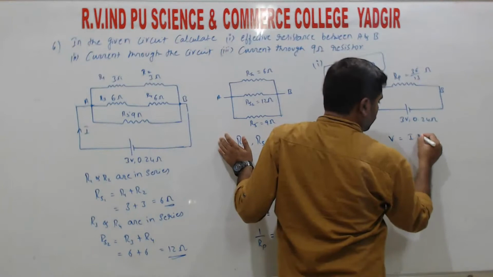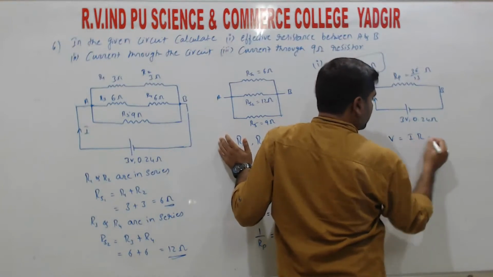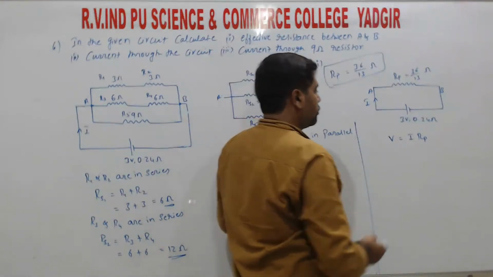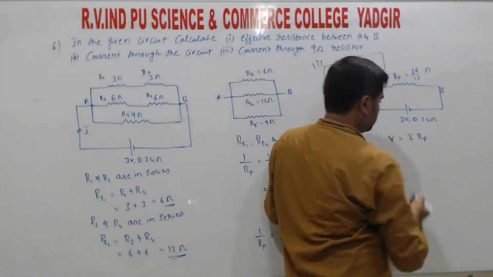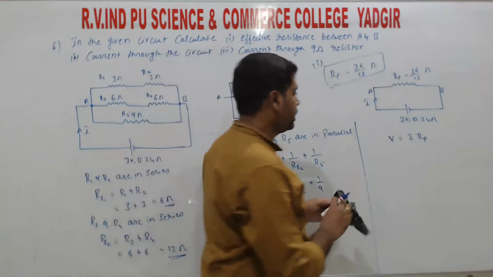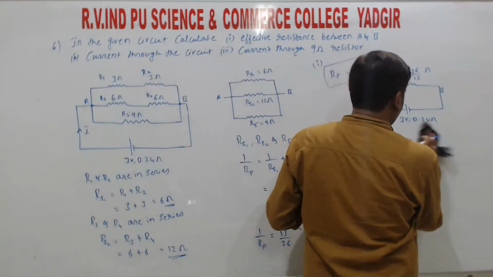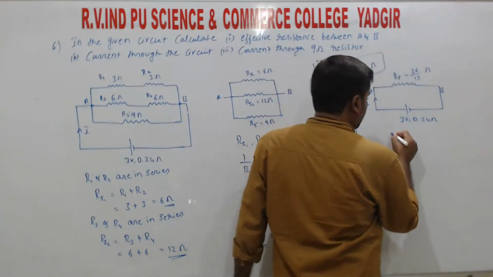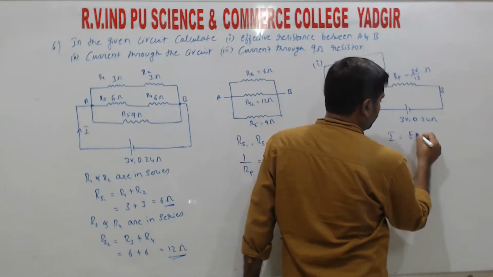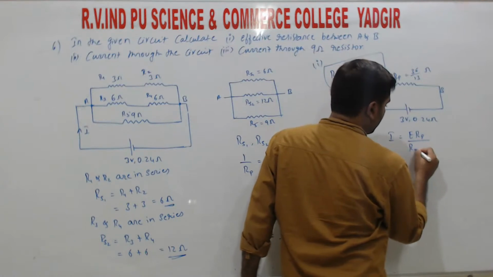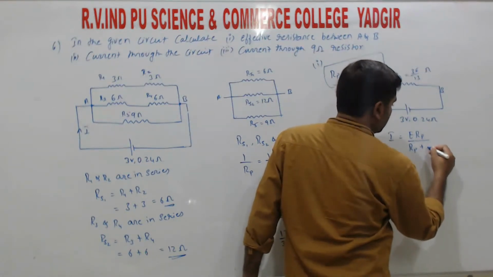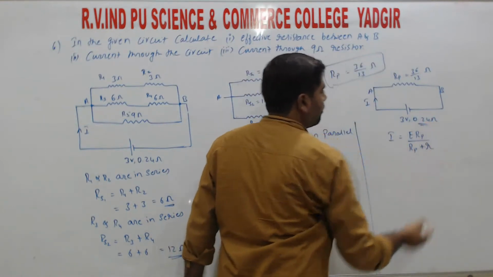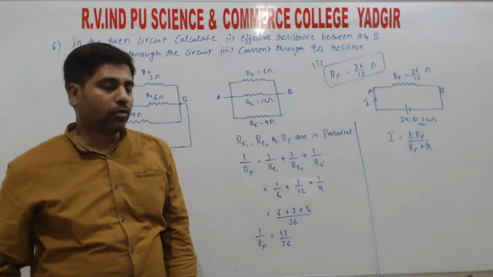V is equal to IR, we need I. For the internal resistance, we have the formula I is equal to E divided by RP plus small r, where small r is the internal resistance and the value is 0.24, right?